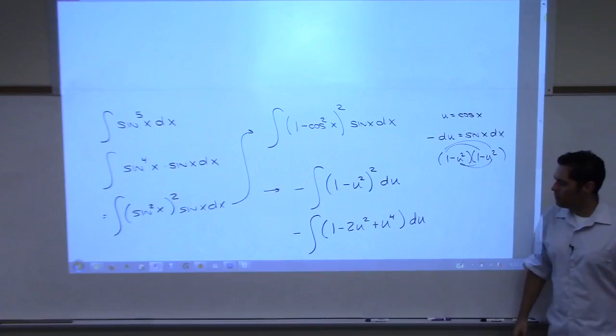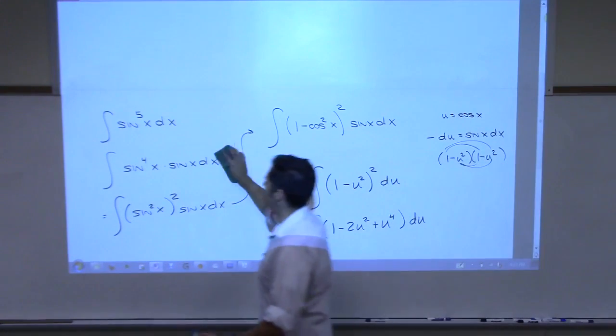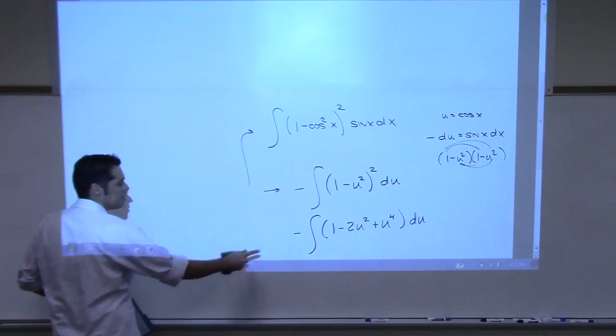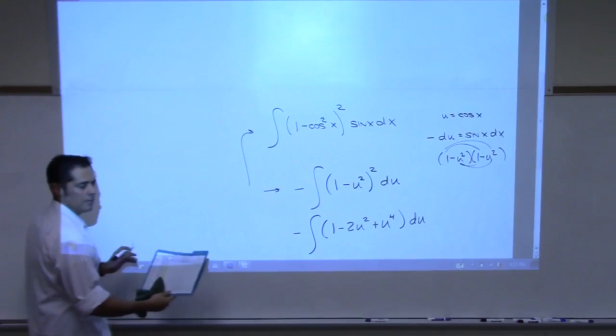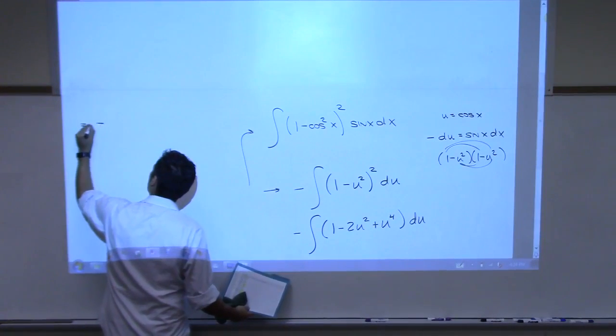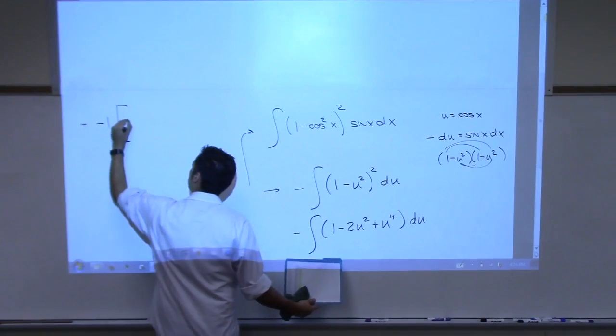antiderivative here? Antiderivative of 1 with respect to u is u. Okay, what do you want me to do with that negative? Do you want me to take care of it now or just keep it on the outside the whole time? Keep it outside. Okay, so I'm going to have to make sure I account for that. I'll put negative 1, and then you just give me the antiderivative. Go ahead. u.